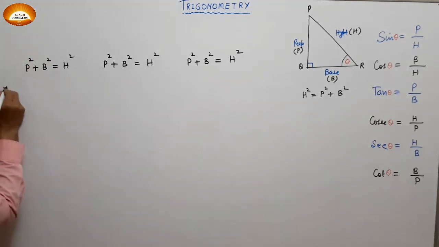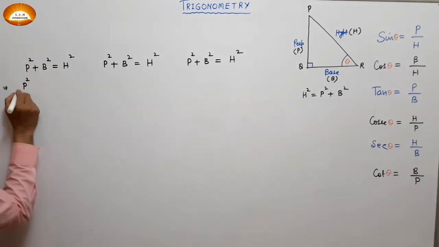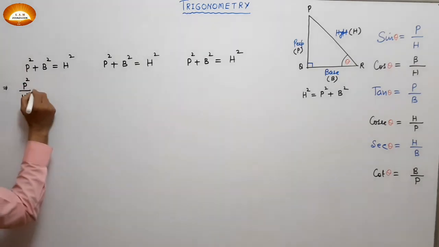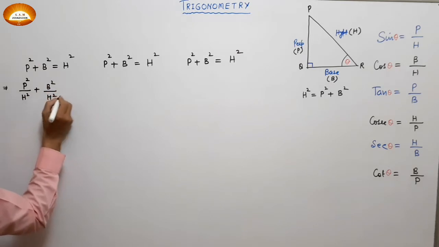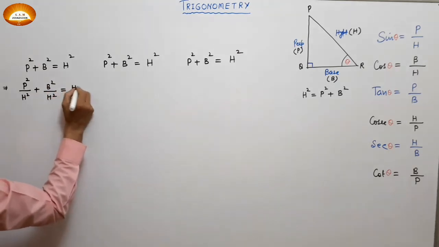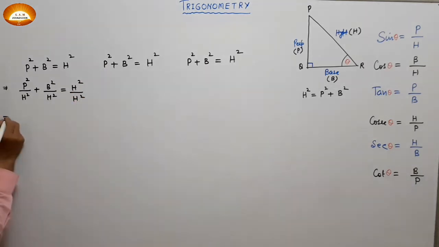First, we divide by hypotenuse square. So perpendicular square upon hypotenuse square plus base square upon hypotenuse square equals hypotenuse square upon hypotenuse square.